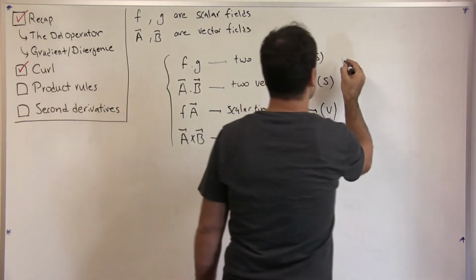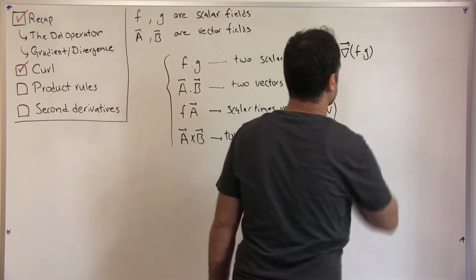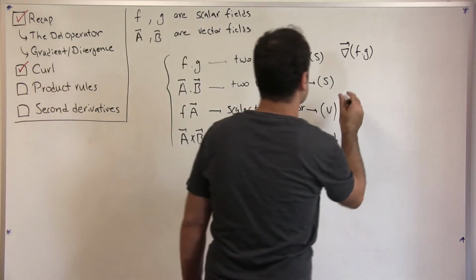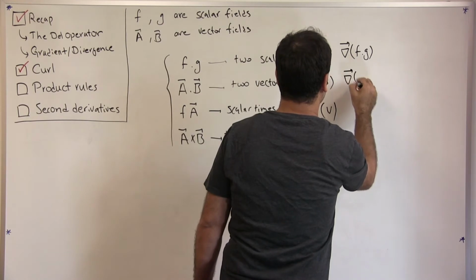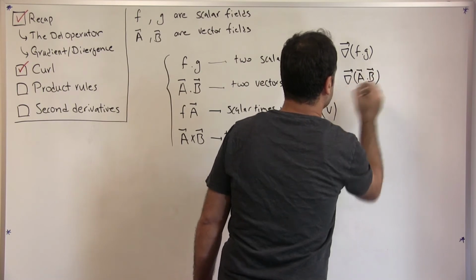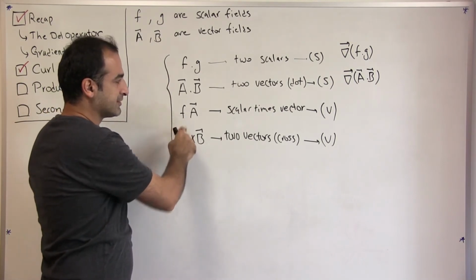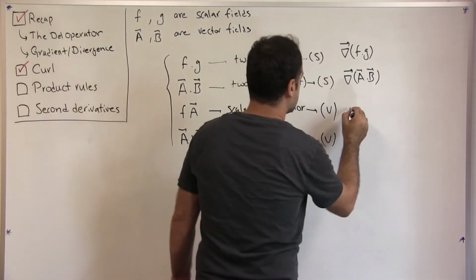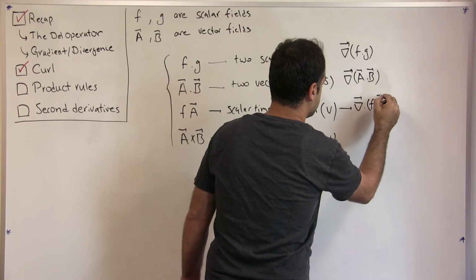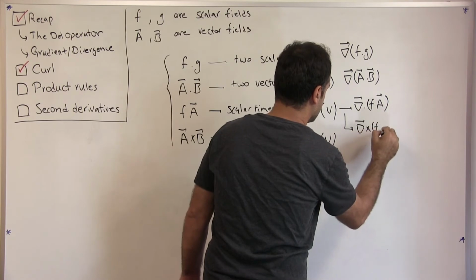So from this one, the only way we can apply the del operator is the gradient of F times G. The second one is also a scalar, so the only option I can apply is the gradient of A dot B. This third one is a vector. So there are two ways I can apply del. One of them is the divergence of F times A. The other one is the curl of F times A.